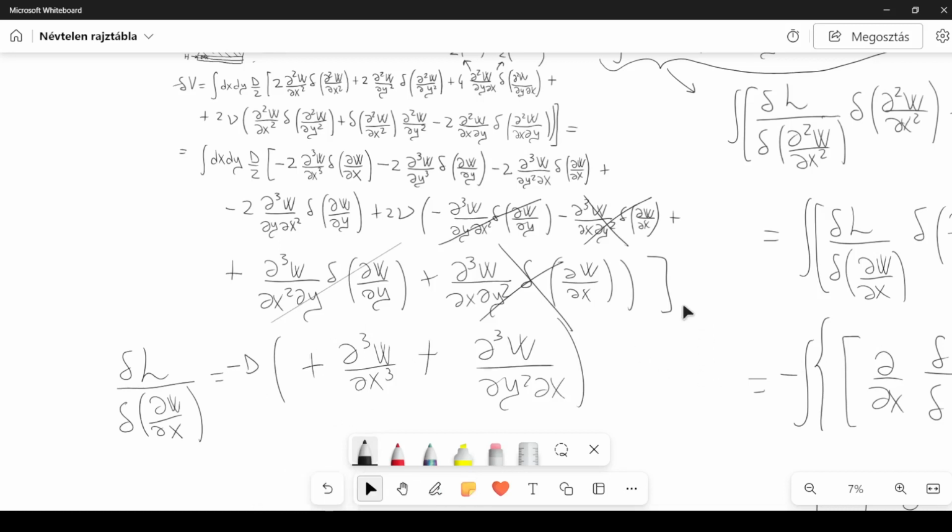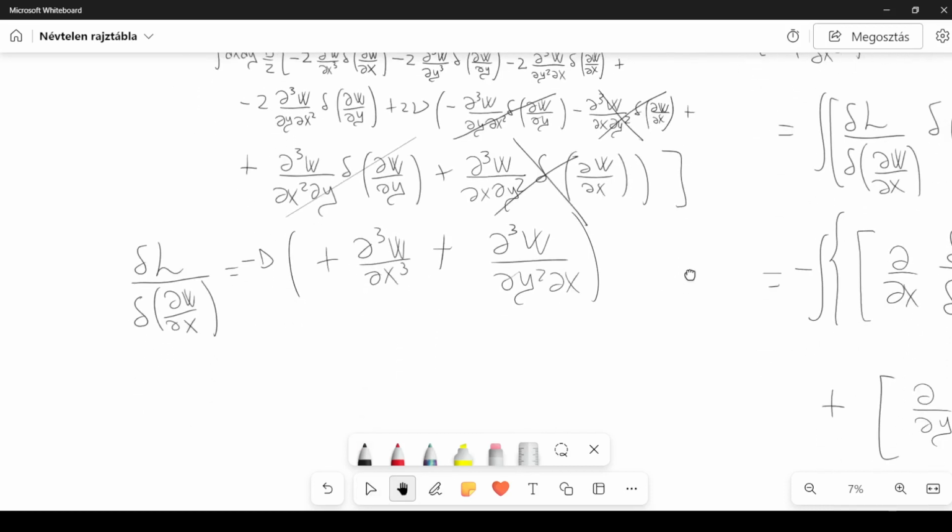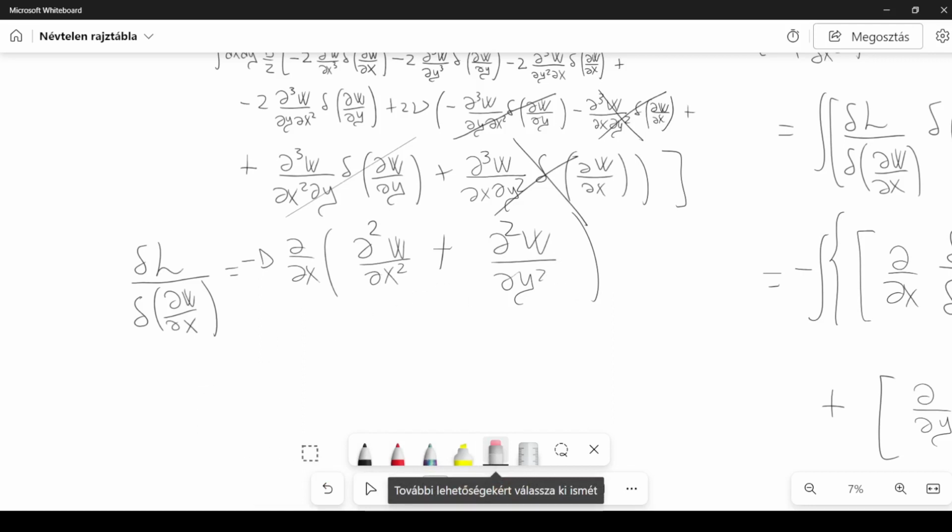And if you want, you can also collect a derivative with respect to x. So you can put d over dx here, and here you have d squared w dy squared, like this. So this is an expression that you get. And now let me define the physical quantity behind this.